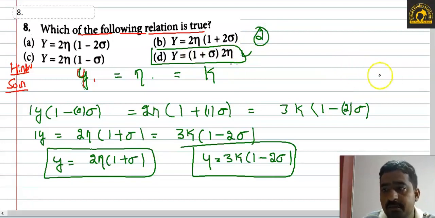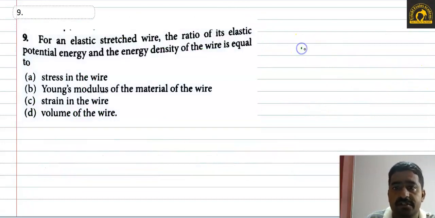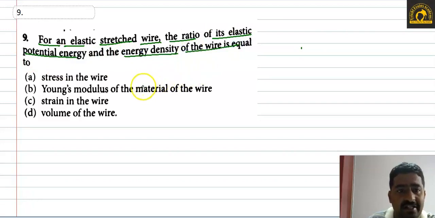Now shall I move to the next question, question number 9. For an elastic stretched wire, the ratio of its elastic potential energy and energy density of the wire is equal to? Let's see the solution.